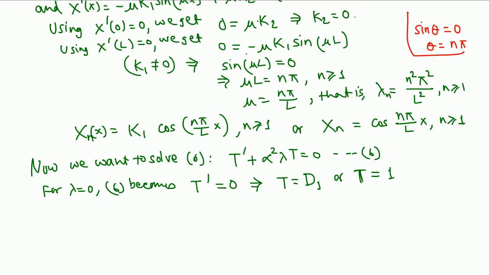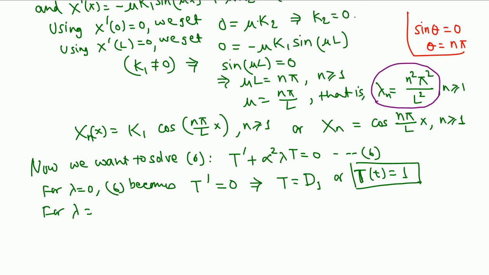Okay, t as a function of t, maybe let me write t as a function of t is just a constant. Okay, and for lambda equals, here we also got non-trivial solutions when lambda equals this.